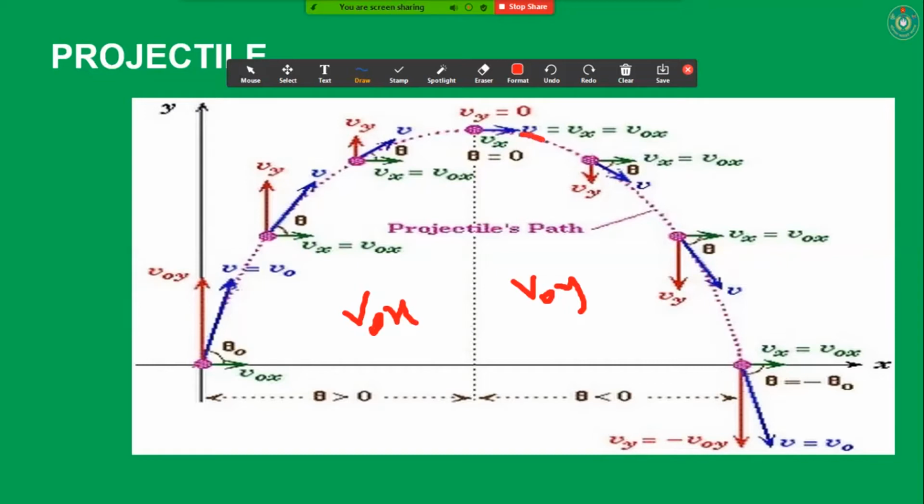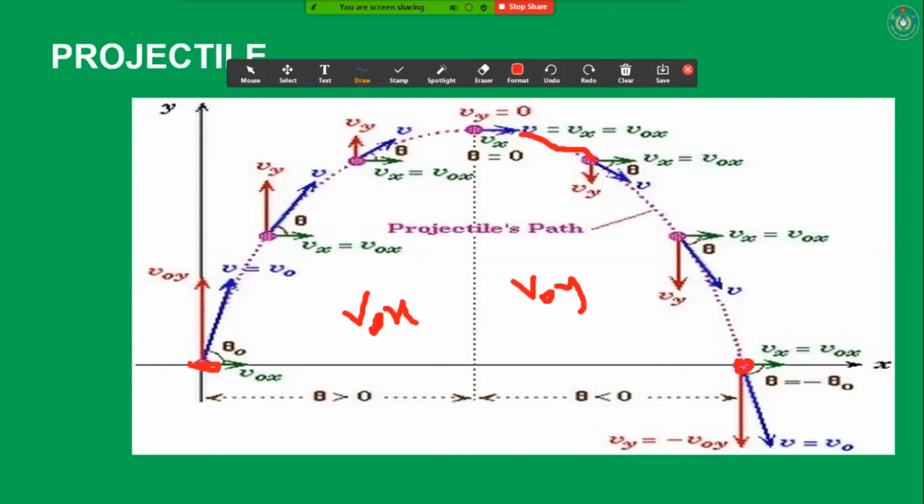Now the direction of the velocity along Vy will be reversed, and Vx will be the same. Here, this is our terminal point and this is our initial point.